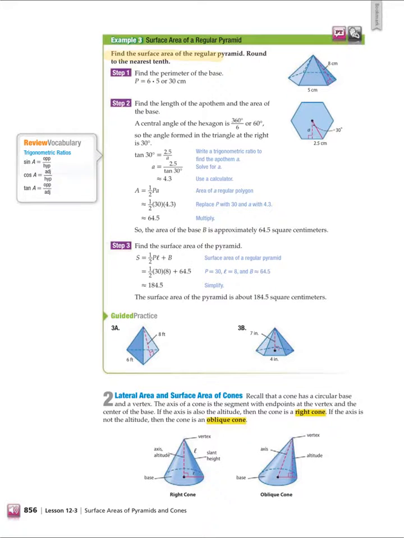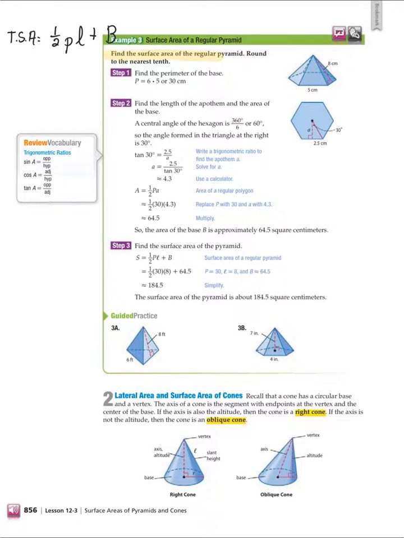Now what we have here is the same type of thing, but we don't have a square base. So again, since I'm finding the total surface area, I'm going to write down my formula. So my total surface area for my pyramid is 1/2 the perimeter of the base times the slant height plus the area of the base.